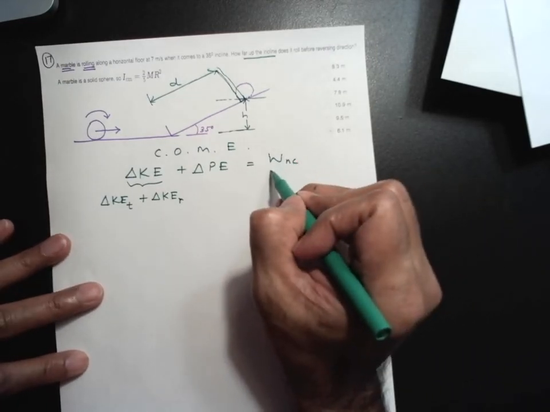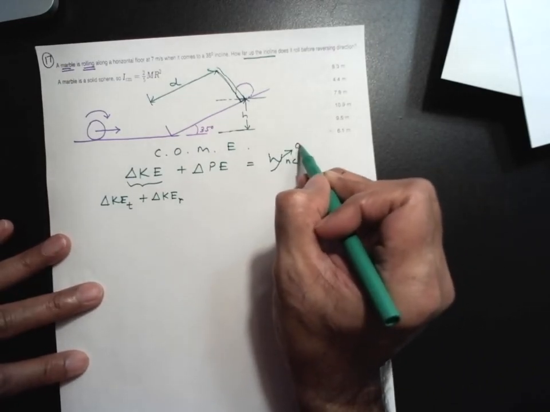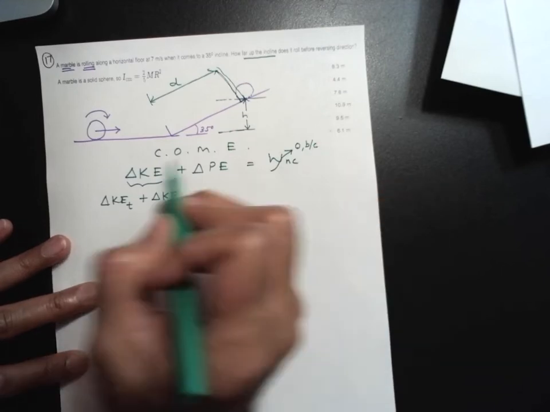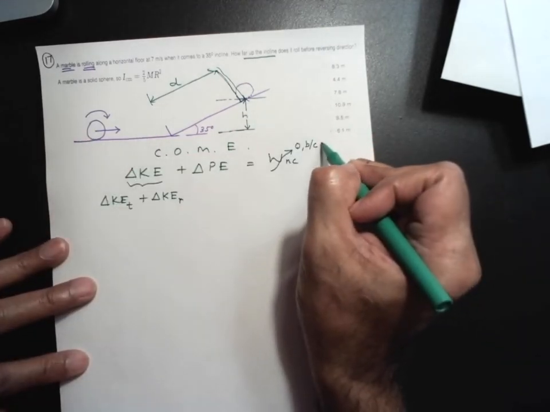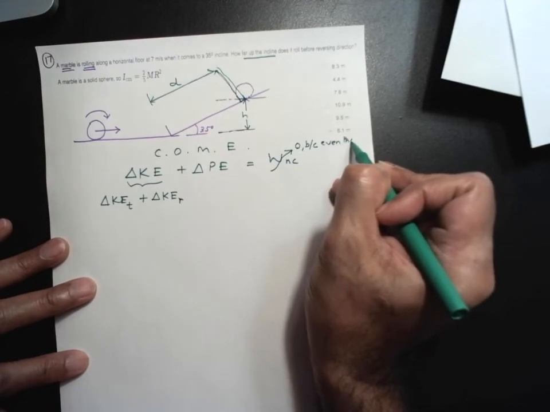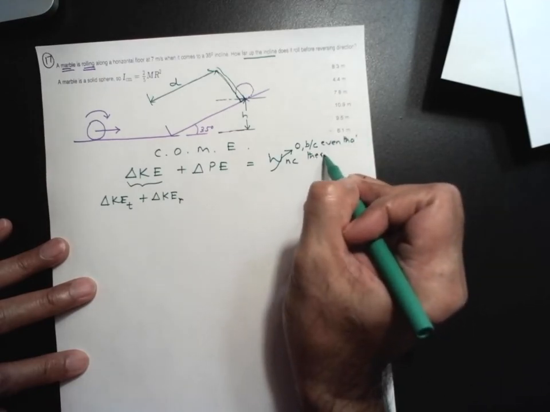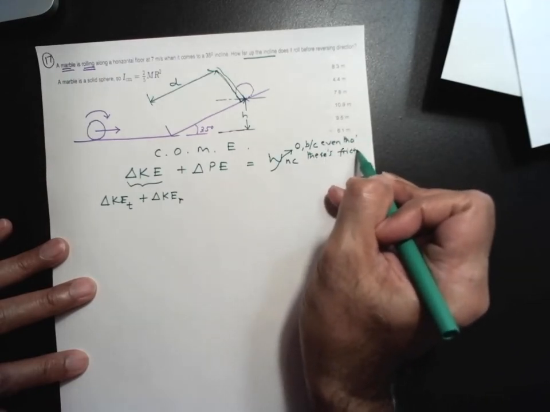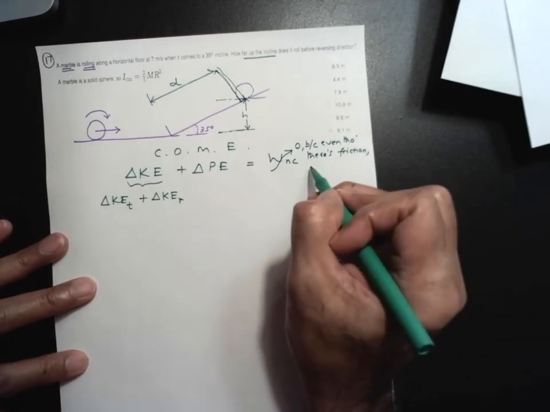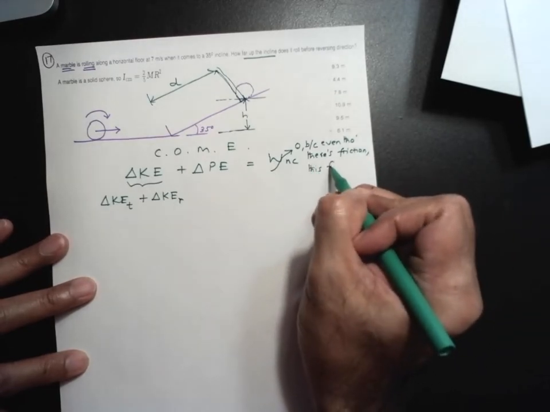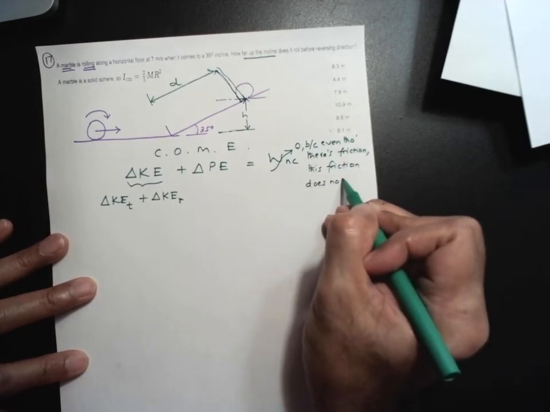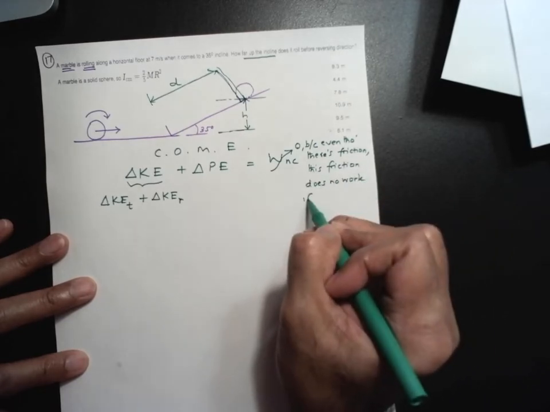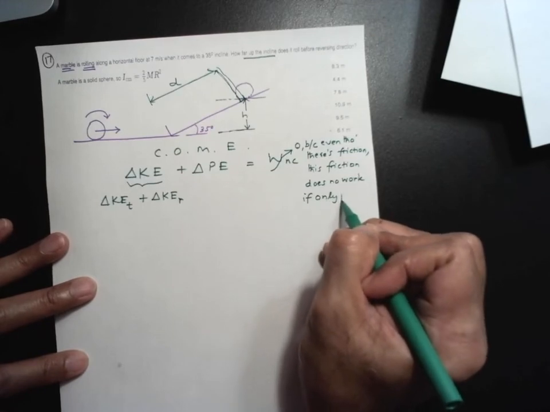The work done by non-conservative forces is zero because even though there is friction, you cannot roll unless there is friction, this friction does no work if only pure rolling occurs.